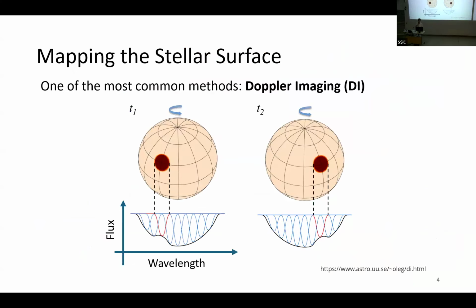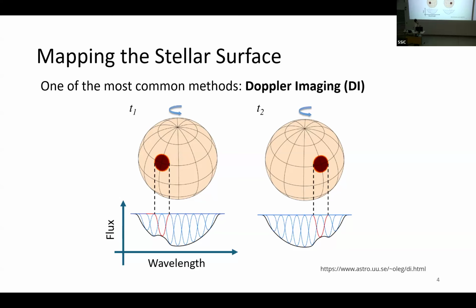Before going to my model, the current most common way to do so is using Doppler imaging. The basics of Doppler imaging are actually pretty simple. You can imagine there's a star here, there's the model, and if you have a spot on the surface, at the bottom here I show a single absorption line, flux versus wavelength.